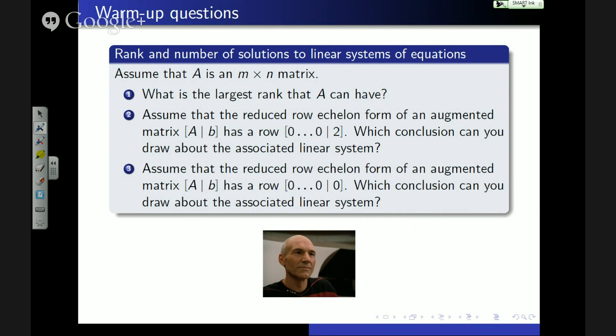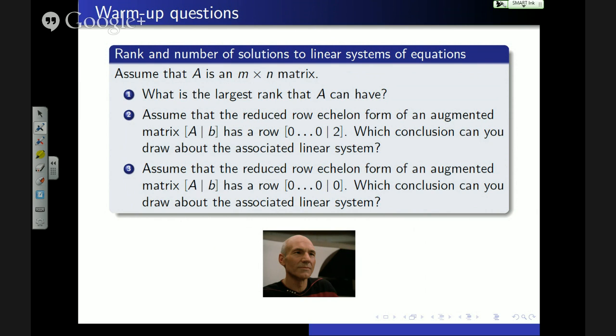Now, why does this make sense? Let's try to think aloud. First of all, what is the rank? In order to answer this question, Moses said, "Thou shalt know." That's the first commandment. Thou shalt know what the rank is. And the rank is the number of leading ones in the reduced matrix associated with A. Now, you can have at most a 1 per row.